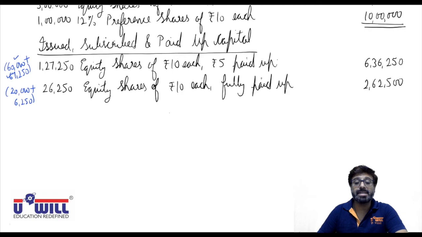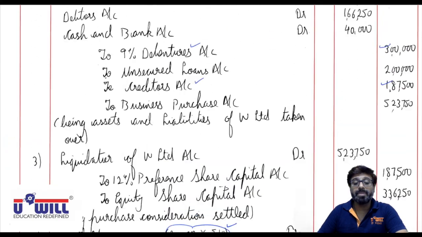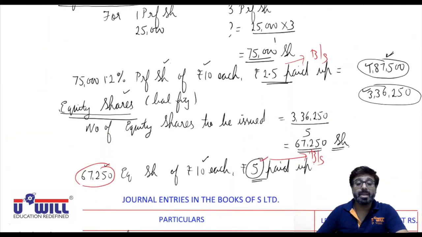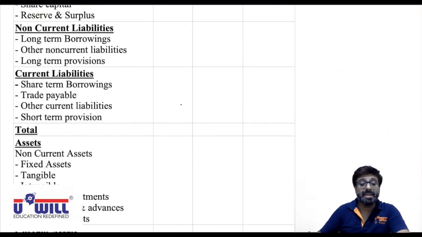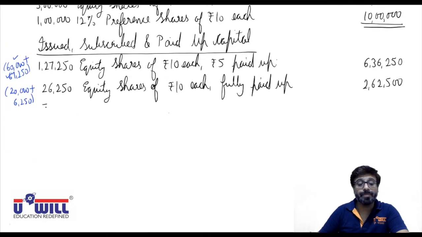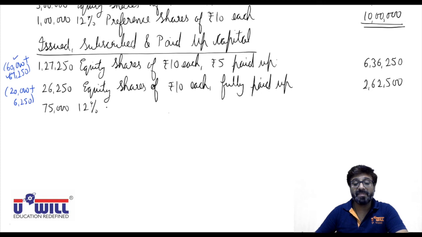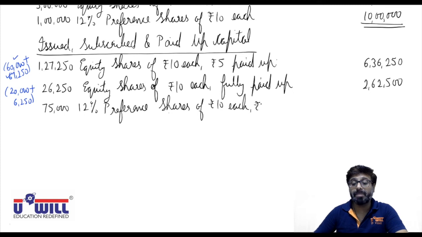Now the preference shares' turn. 75,000 12% preference shares of rupees 10 each, rupees 2.5 paid up.